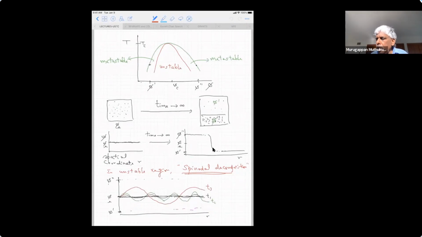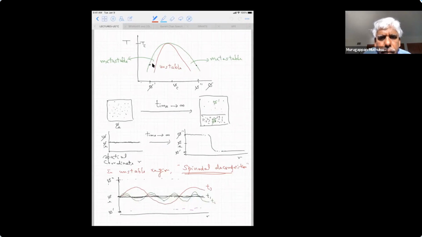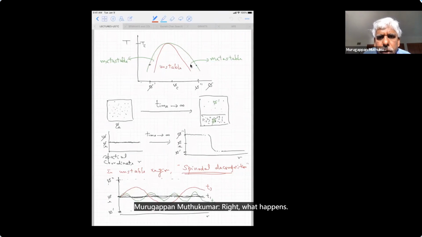Now, this is what happens in this region. What I'd like to do is tell you what happens in here. Suppose I quench the system into the metastable state, in this region or in this region. What happens there?